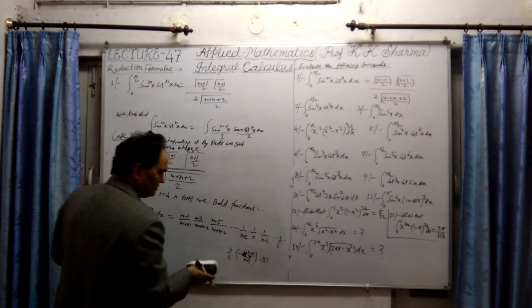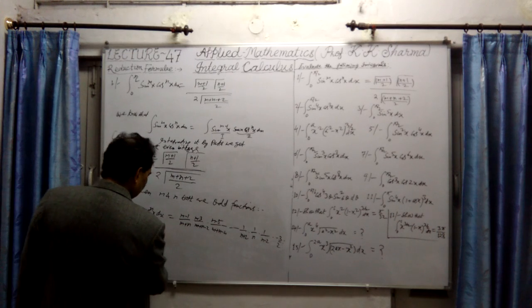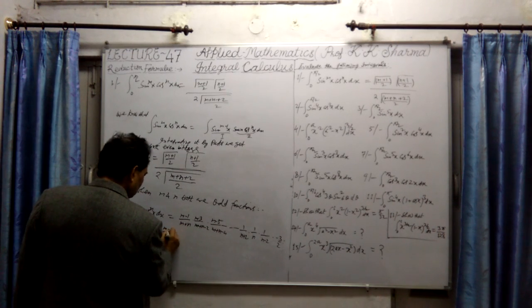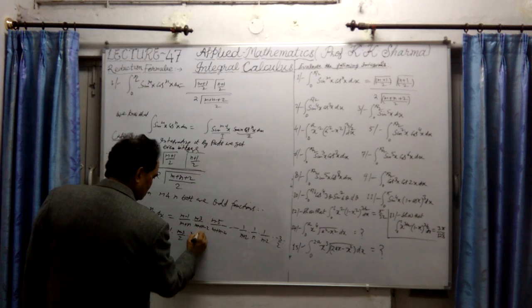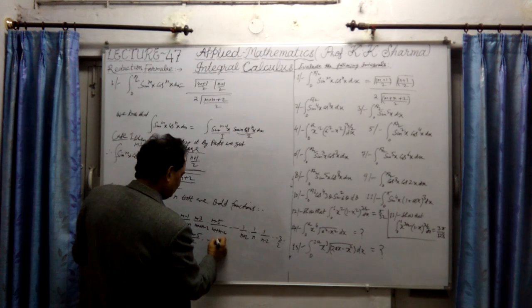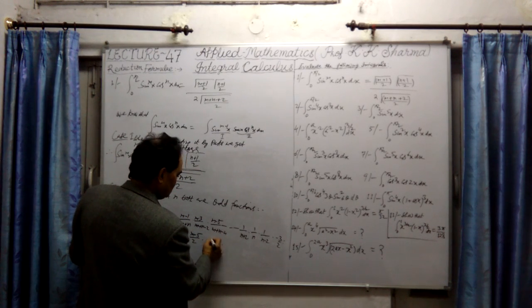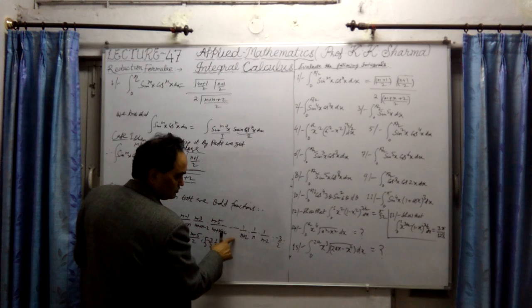Let me now divide each term by 2. It will be m minus 1 upon 2, m minus 3 upon 2, m minus 5 upon 2, and so on. This is 1 upon 2. Before that is 3 by 2, then 5 by 2, and so on. Okay, so this is 1 upon 2 here.